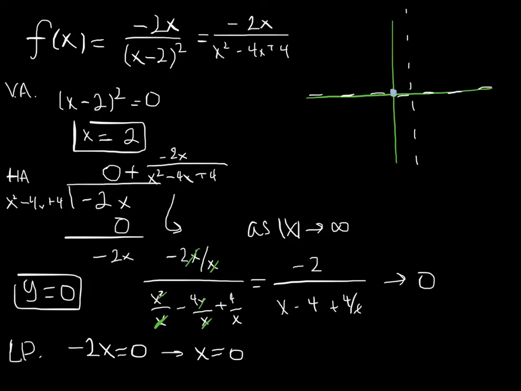All right, so now all I've got to do is create my sign diagram so I can figure out, okay, well, this is my root. It passes through here. As I move towards infinity, it's going to approach 0. And really the only question is, okay, what happens over here? I know that I'm either going to be approaching positive infinity, or I'm going to be approaching negative infinity as I approach 2.